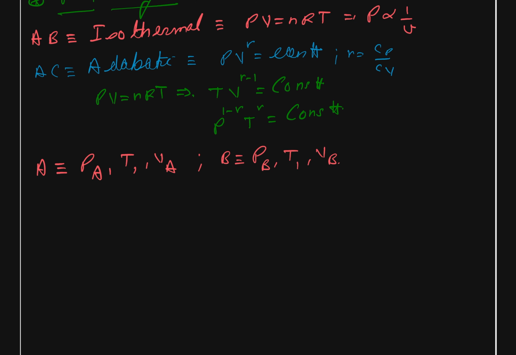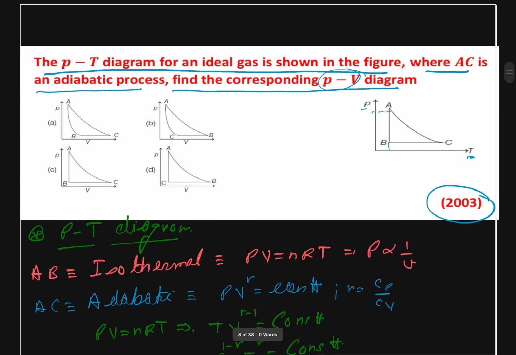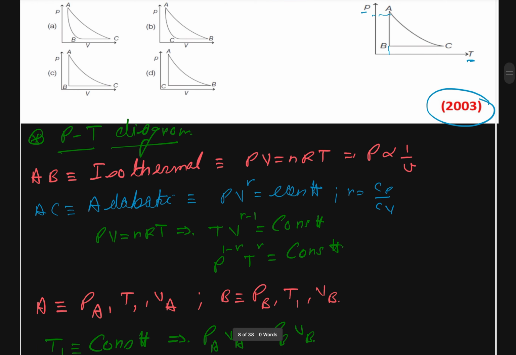Okay, so we can write that T1 is basically constant, therefore PA VA is equal to PB VB.